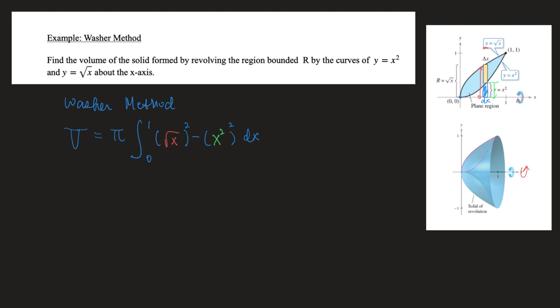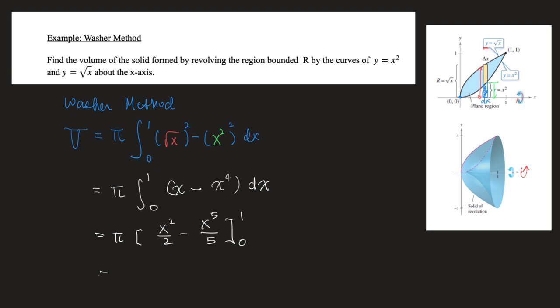Now we evaluate this: pi times the integral from 0 to 1 of square root of x squared is x, and x squared squared is x to the fourth, dx. Find the antiderivative: x squared over 2, x to the fifth over 5, from 0 to 1.